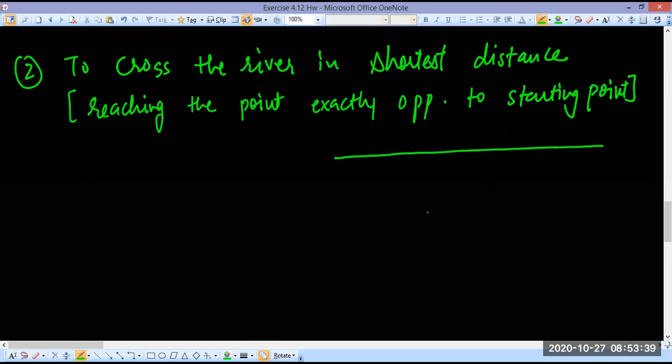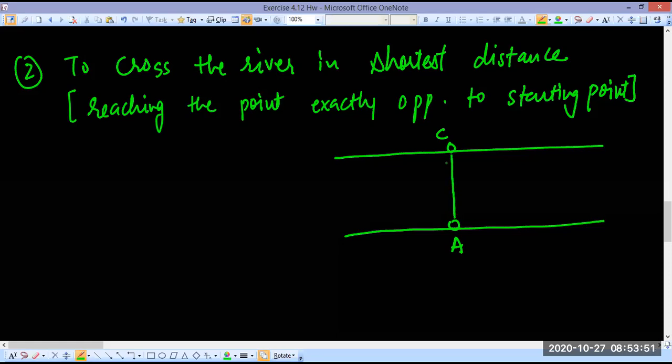That case looks like this. So person, let's say, starts from here and actually goes to C. Is this clear? The person is actually able to swim to that point.